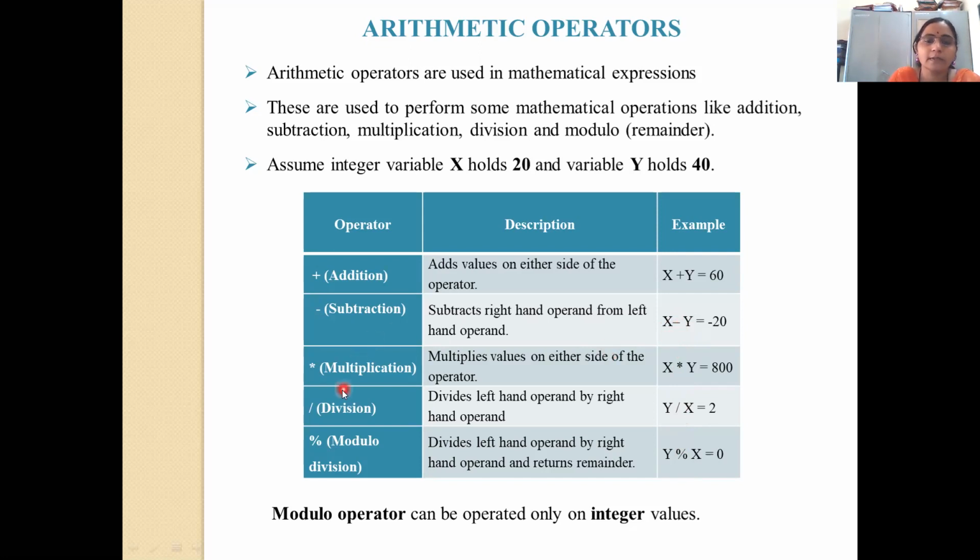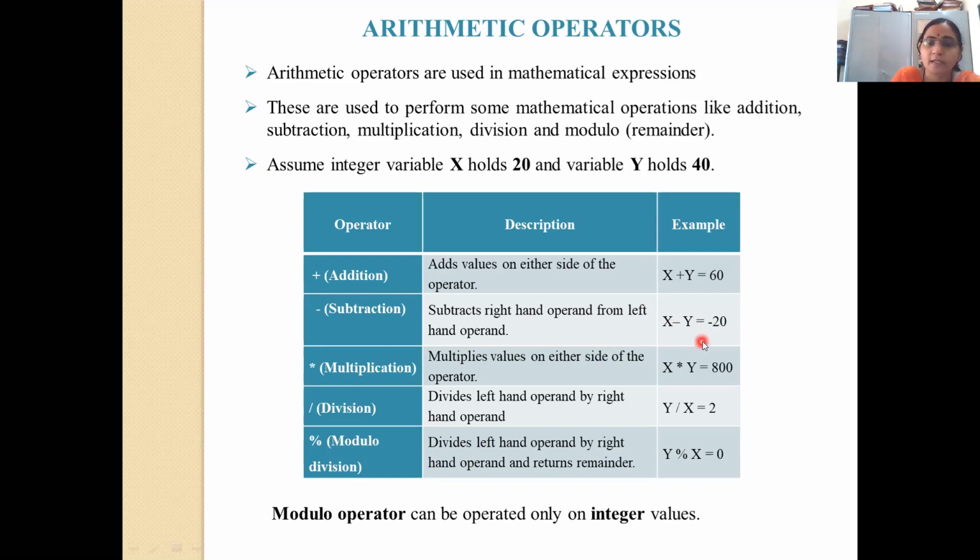Then next, similarly, you will get the result minus 20. Why do you get the result minus 20? Because x minus y means x is 20, 20 minus 40, and that is equal to minus 20. Because the sign is always taken from the larger number.